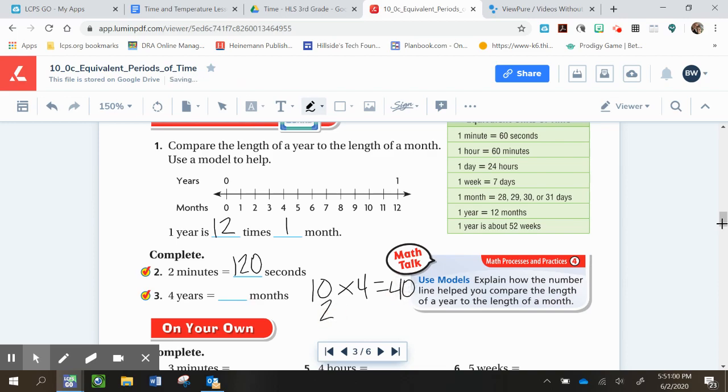And then 2 times 4 equals 8. And then when we add those two together, we get 48. So 4 years is 48 months.